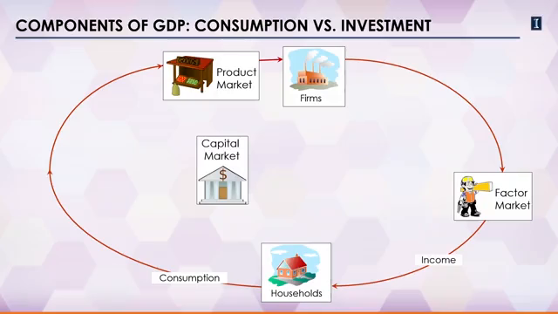Now, there's another type of expenditure in the economy other than consumption, which is called investment. Entrepreneurs, firms who want to expand production capacity, need goods and services and spend money on those. That money also goes to the firms.